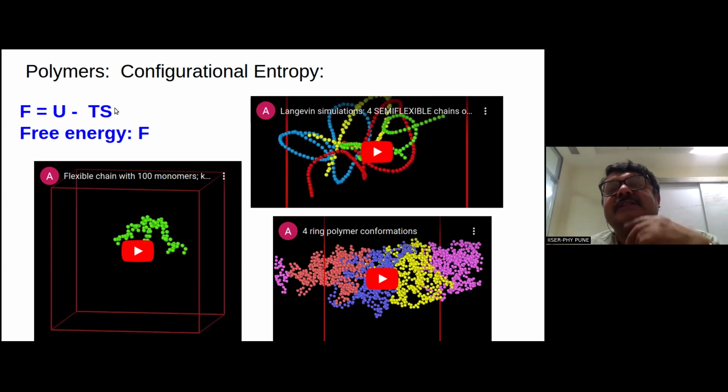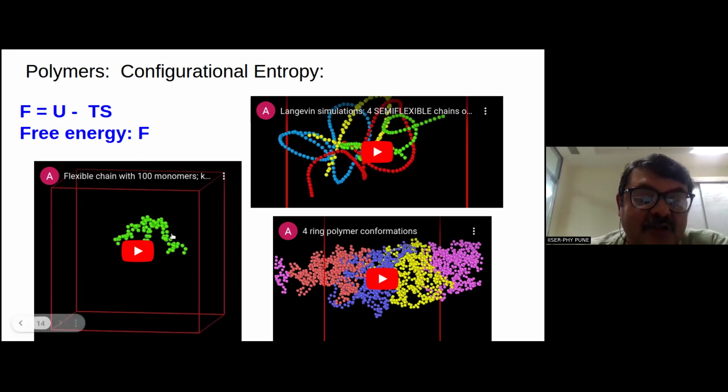So the number of conformations taken is significantly less compared to the number of conformations taken here, because conformations with high bends would lead to high values of energy, which would increase the free energy. For such a system, a canonical system in contact with a heat bath where the temperature is defined, free energy is minimized.